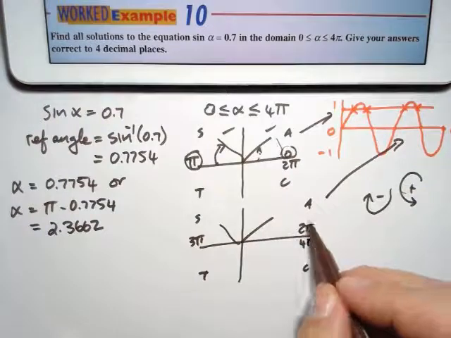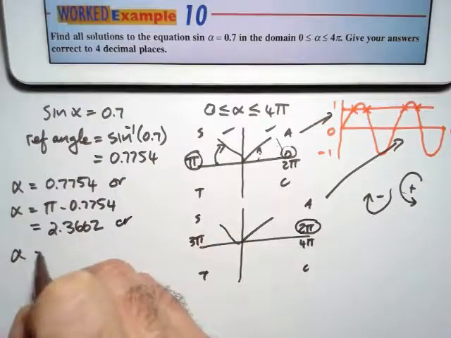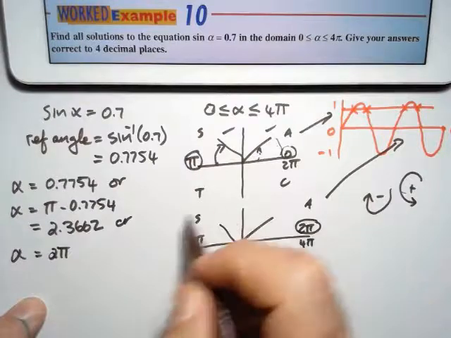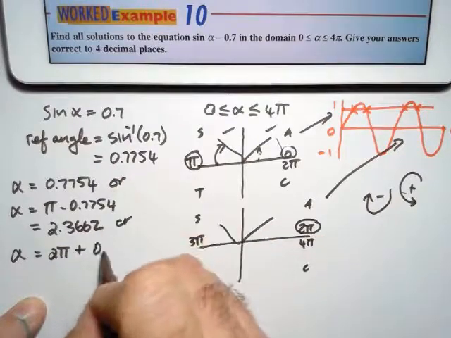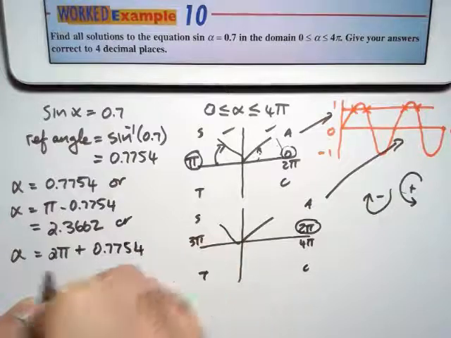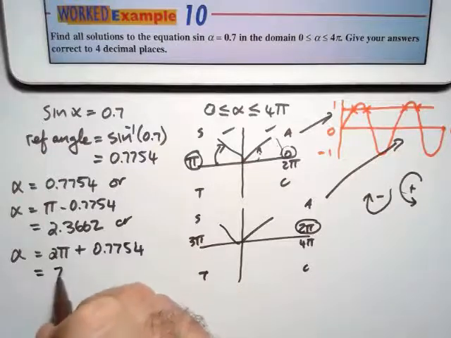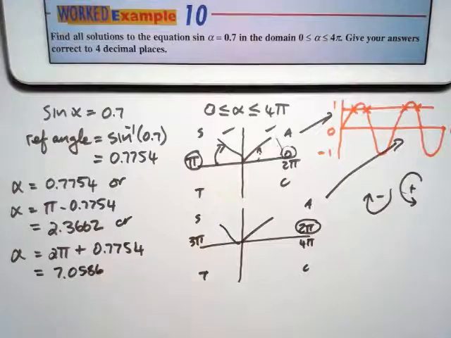Now I'm looking at this one. I start at 2 pi. So alpha equals, starting at 2 pi and going in the positive direction, plus my reference angle 0.7754, and the answer that I get is 7.0586.